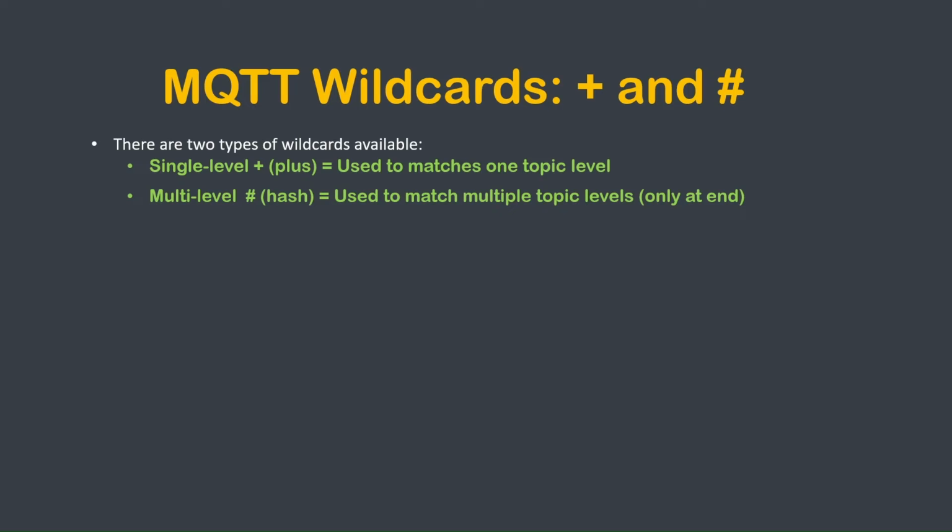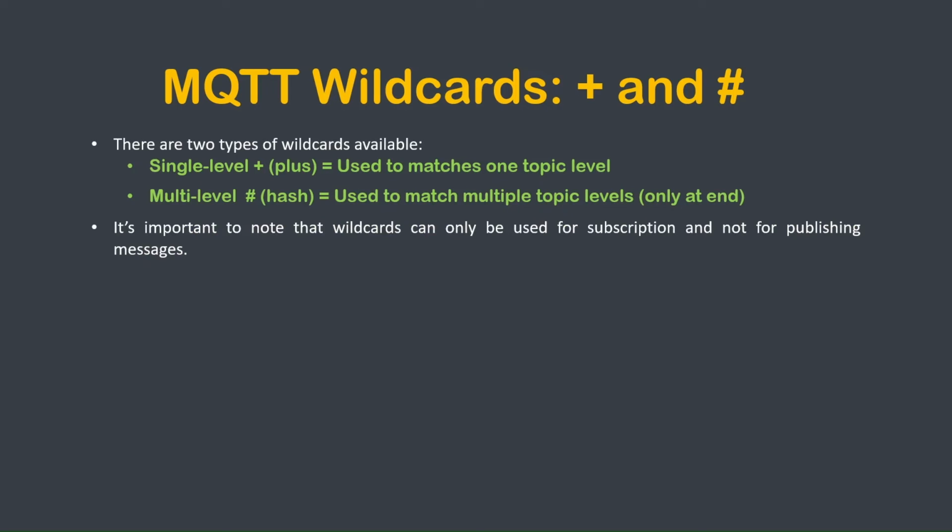Single-level wildcards can be used to match one topic level for subscription, and multi-level wildcards can be used to match multiple topic levels and can be used at the end of the matching string. We will take a look at this soon. And it's important to note that wildcards can only be used for subscription and not for publishing messages.